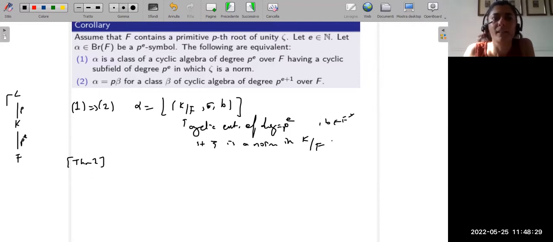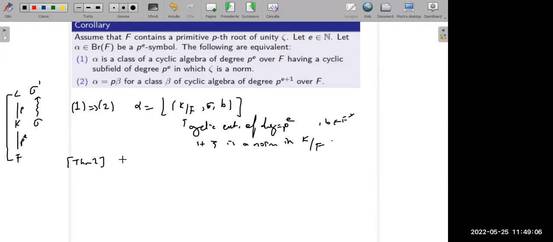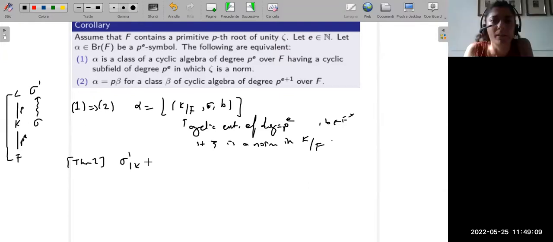This is a cyclic extension of degree p to the power e plus 1 containing K. I didn't give the proof, but if you prove this theorem, you see that you also extend the automorphism. Your automorphism sigma you can extend to an F-automorphism of L, sigma prime, which will be a generator of the Galois group of L over F, such that when you restrict this automorphism to K, you recover sigma.